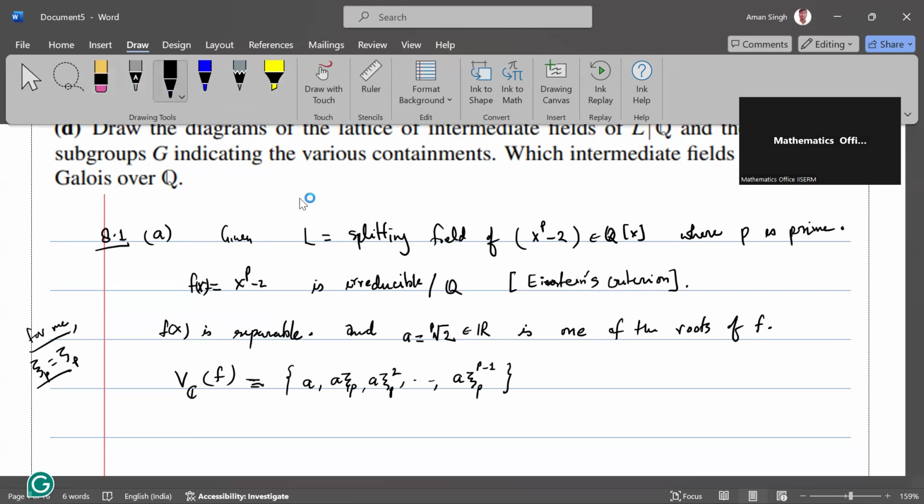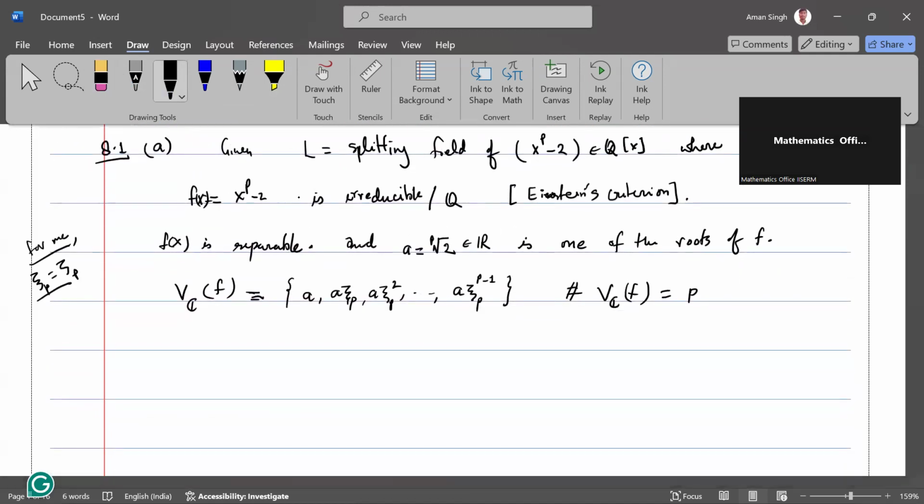The cardinality of the set of roots of f is equal to p. Why p? Because no repetition is happening. Why does this satisfy the polynomial f? Take any a zeta p power i and apply f. What will we get? a zeta p power i, whole power p, minus 2.